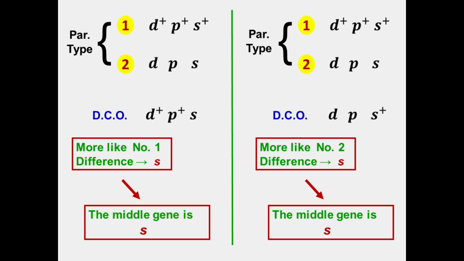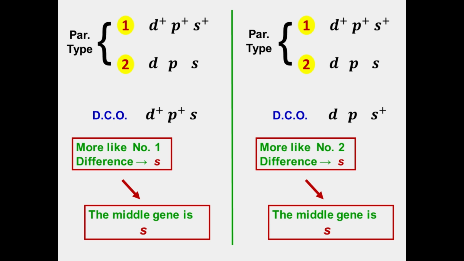First, on the left, look at the parental type chromosomes at the top and one of the double crossover chromosomes below them. As we know, the middle gene switches places during a double crossover, while the flanking genes remain unchanged.